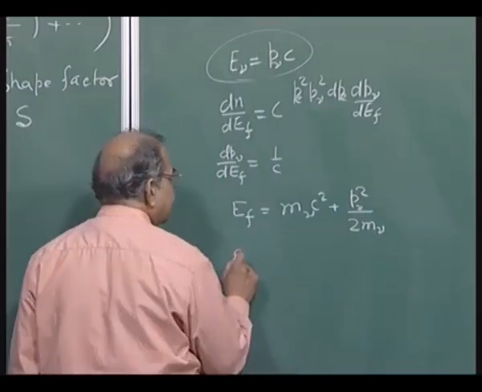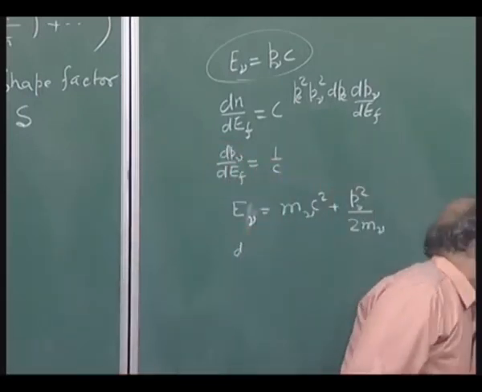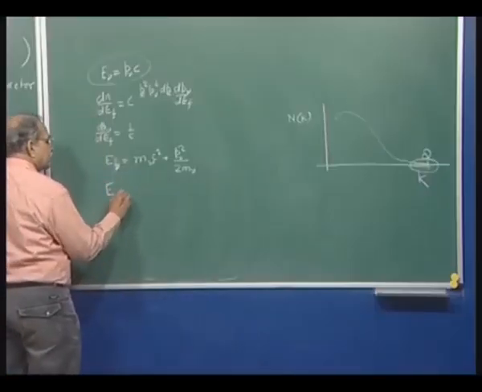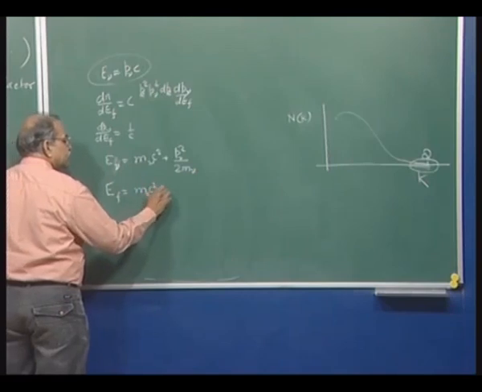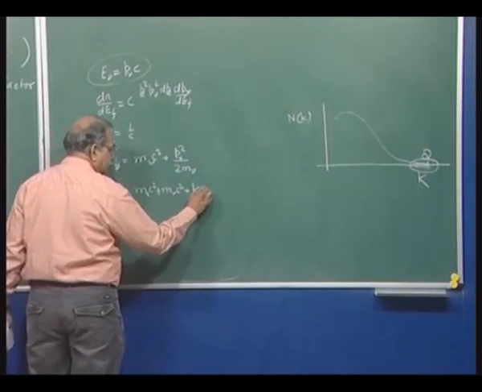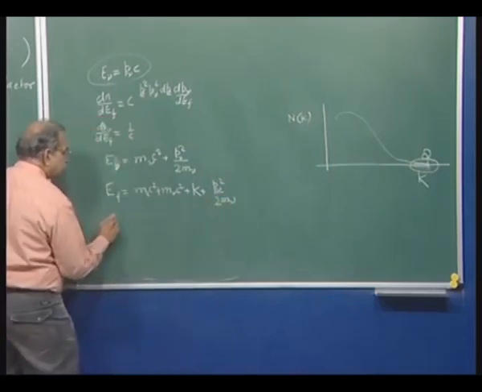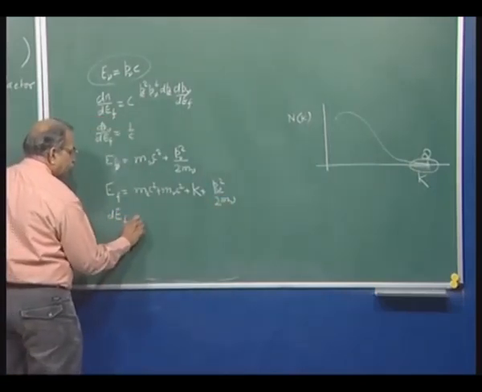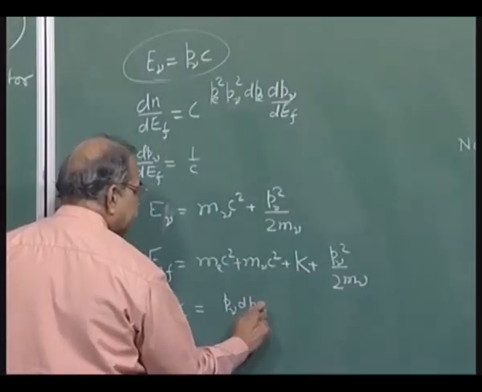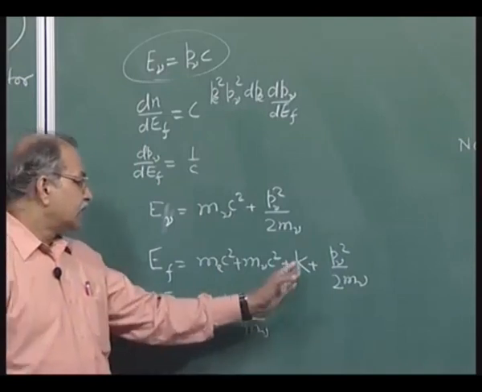The final energy which is available, E_f, is m_e c squared plus m_nu c squared, plus the kinetic energy of the electron, plus P_nu squared over 2 m_nu. And dE_f will be P_nu dP_nu over m_nu, at a fixed electron kinetic energy.